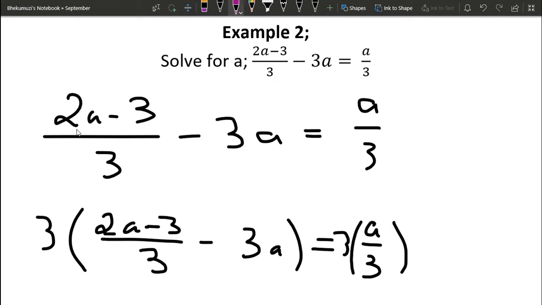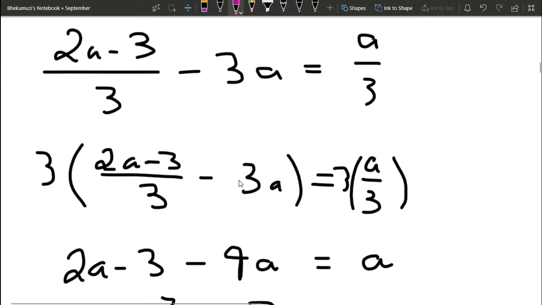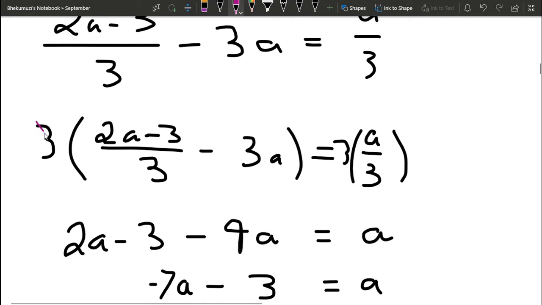So here we have (2a minus 3) divided by 3, minus 3a, is equal to a divided by 3. The first step that I applied, I multiplied on both sides. Remember the golden rule? I multiplied on both sides. Why? So I know that 3 will cancel out with 3, and I'll be left with 2a minus 3.